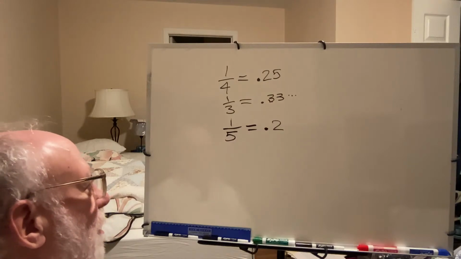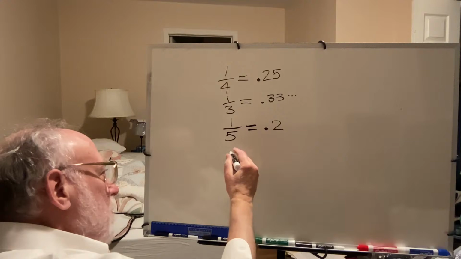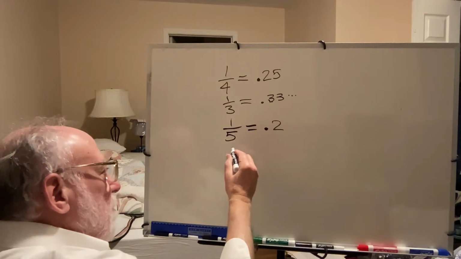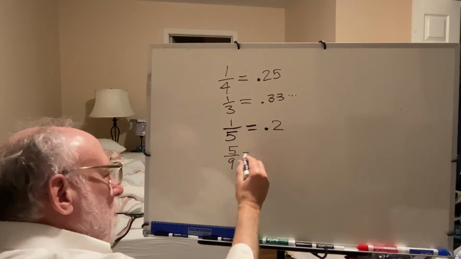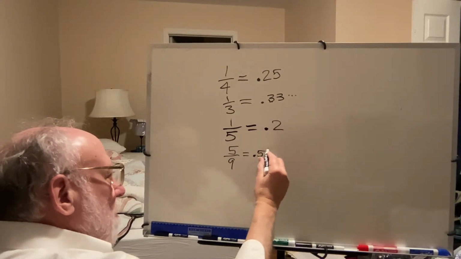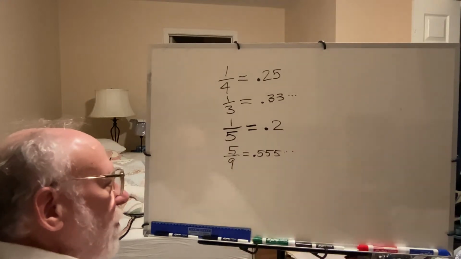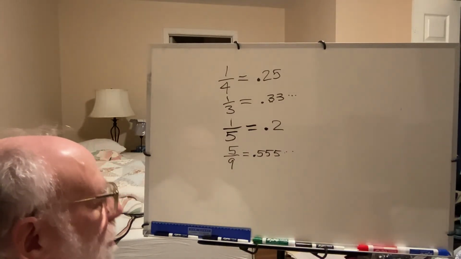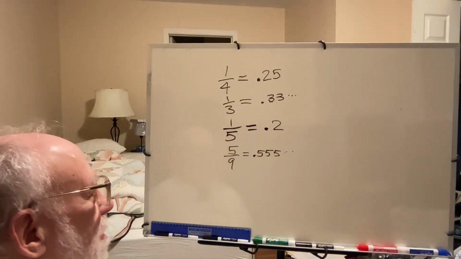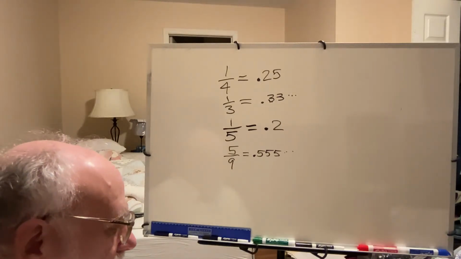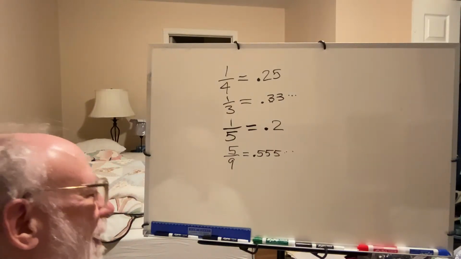Now, we don't have to have a 1 in the numerator. We could have something else. 5/9 is 0.5 repeating. Now the question is, how do we get these decimal expansions, and why are they so prevalent?